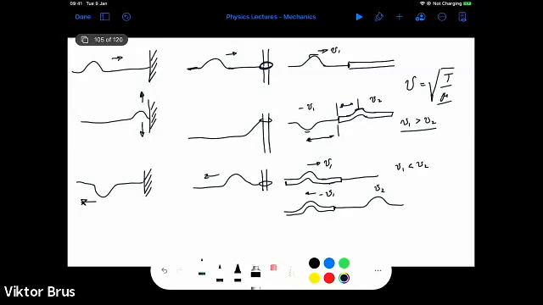So keep these conditions in mind, because they could be relevant when you solve problems, since sometimes you need to take into account the change in phase of the reflected wave, which depends on which medium it approaches the interface from. It may change its phase, meaning be inverted, or may not change.